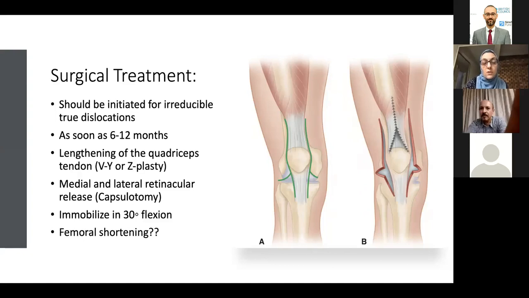Some authors speak of femoral shortening to spare the quadriceps muscle from scarring and decrease the need to lengthen the quadriceps. So they shorten the femur instead, which is very helpful if you need to address the hip at the same time. So if you need to reduce the hip and reduce the knee on the same side in a child with both joint dislocation, you can shorten the femur, and that will achieve most goals.